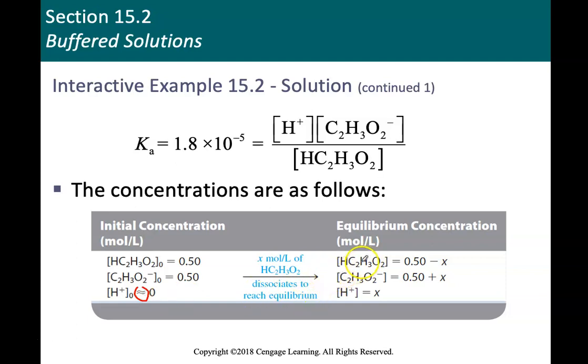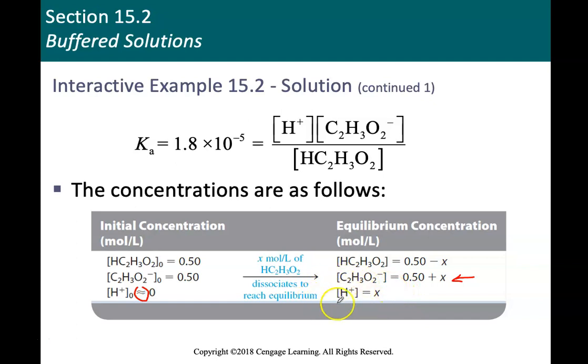At equilibrium, including the change, it'll be 0.5 minus X for the acid, and for the acetate ion, 0.5 plus X. Look at this one here. Because of the pre-existing quantity, it's no longer 0 like we used to do in the past. This is now 0.5 as well, and you add X, which is the change.